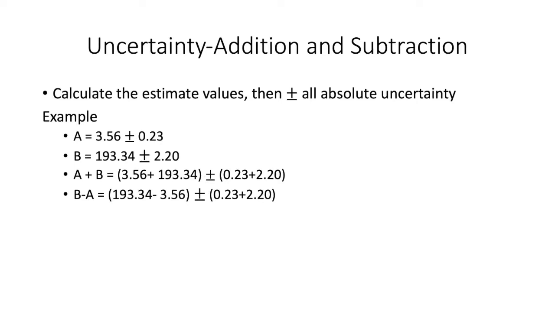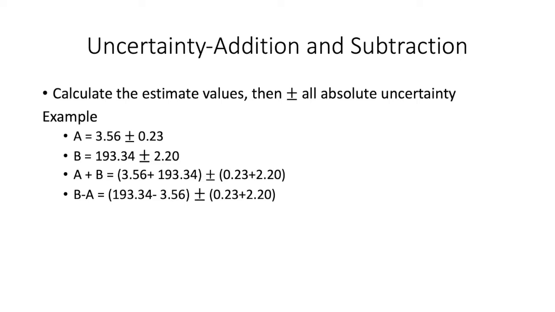For example, if A is equal to 3.56 plus or minus 0.23, and B is equal to 193.3534 plus or minus 2.24, how do we calculate A plus B? Just add up all the estimate volumes and then calculate the absolute uncertainty. And for B minus A, same thing.